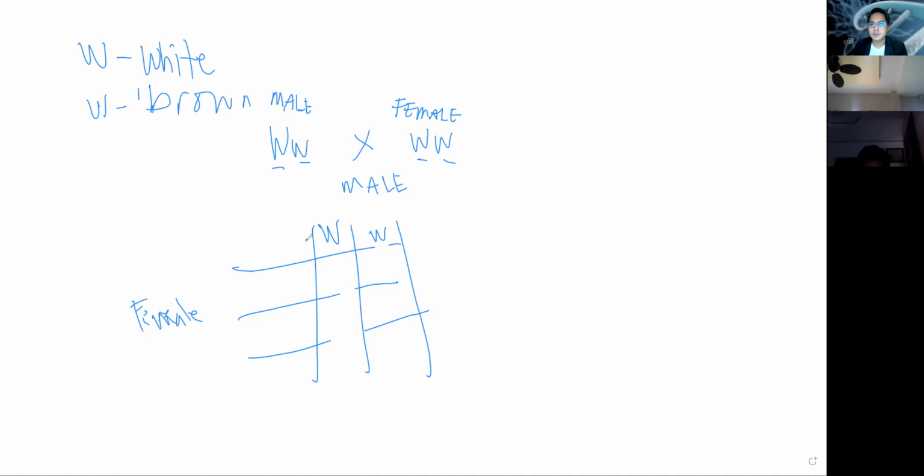So if you are mixed with another blood, you are carrying a recessive gene, right? So for the female, we have all small letter w.